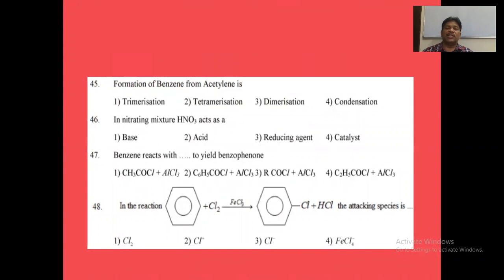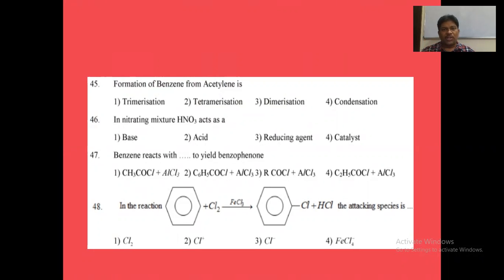And benzene is C6H6. How many moles of acetylene will undergo polymerization to form benzene? Totally 3 moles. 3 molecules of acetylene will combine with each other to form 1 molecule of benzene. That is why it is called trimerization.